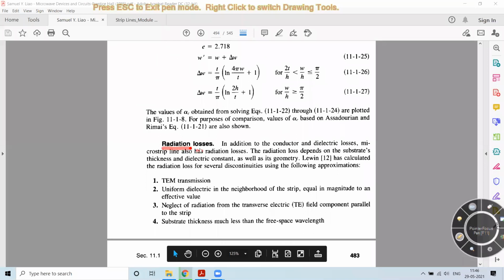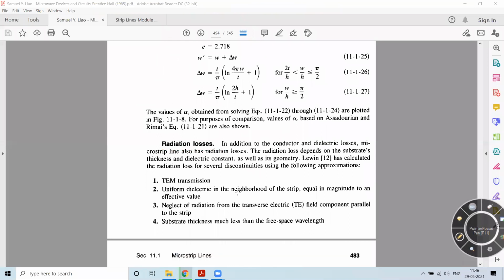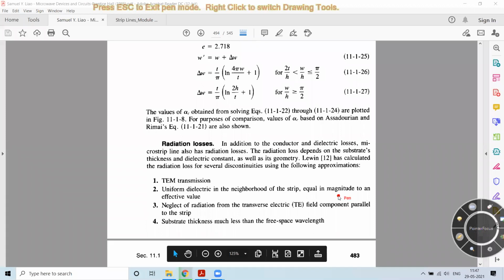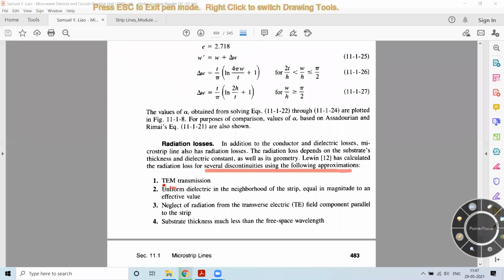Next come the radiation losses. Whenever we are talking of transmission lines which make use of high frequency waves, electric and magnetic waves are associated with that, due to which we can see that it also helps in radiation. And this radiation leads to some losses. These losses are due to several discontinuities which are present. These discontinuities arise because of the approximations which we are observing.